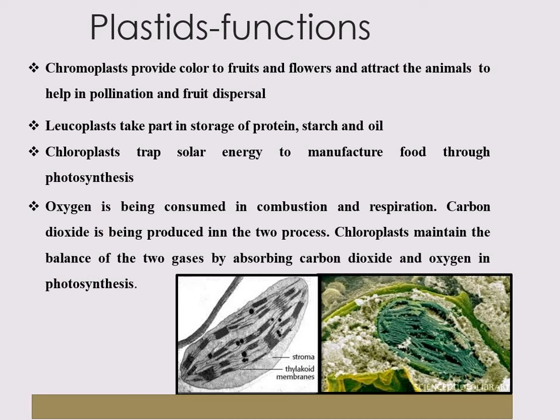And chloroplasts trap solar energy to manufacture food through the process called photosynthesis. Now we all know that oxygen is consumed in the process of combustion and respiration, and carbon dioxide is produced in both these processes. So chloroplasts are the ones which maintain the balance of the two gases by absorbing carbon dioxide and releasing oxygen in photosynthesis.